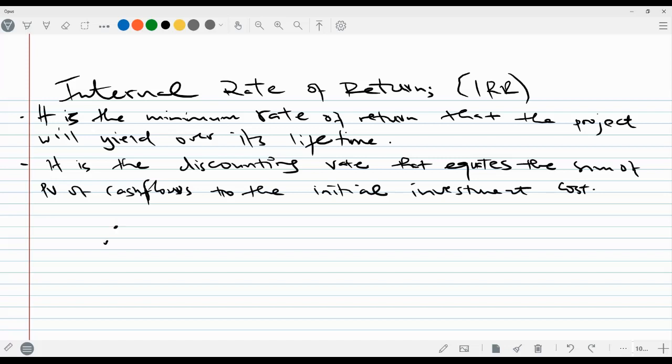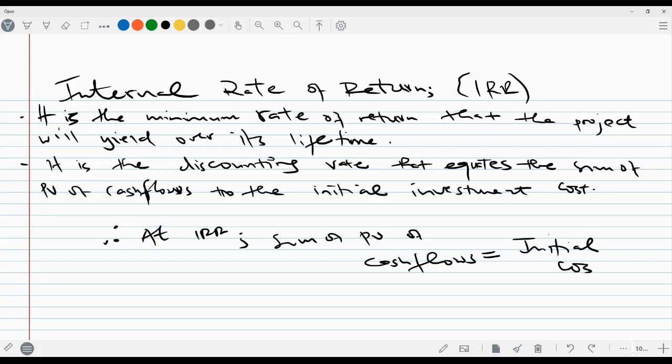What I mean by that is that at IRR, the sum of present value of cash flow is equal to the initial cost.